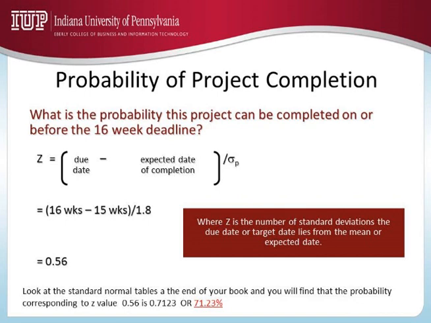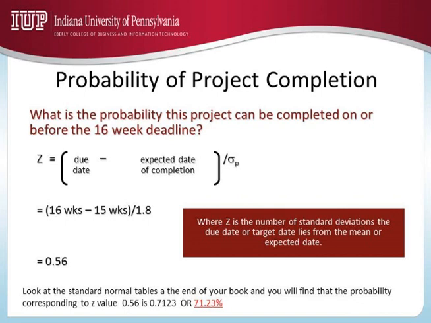Okay, so what you need to do then is look up one of these standard normal tables, which can be seen at the end of your own book, and you will find that the probability corresponding to z value of 0.56 is 0.7123 or 71.23%.